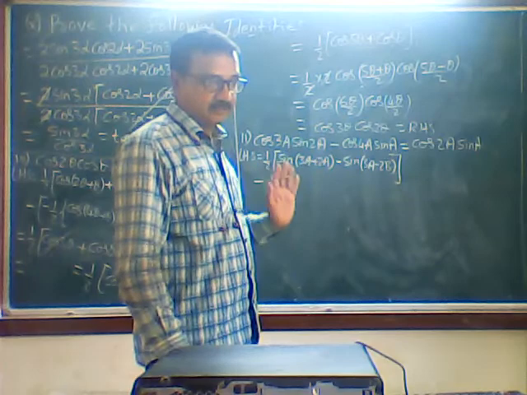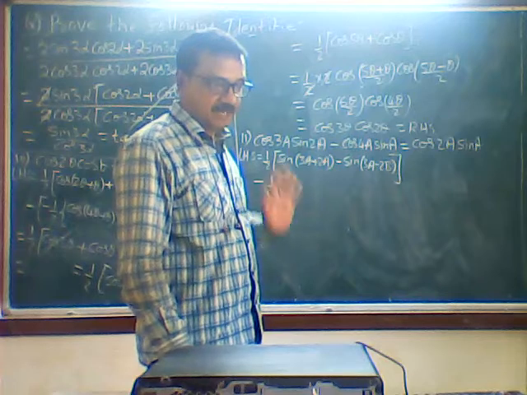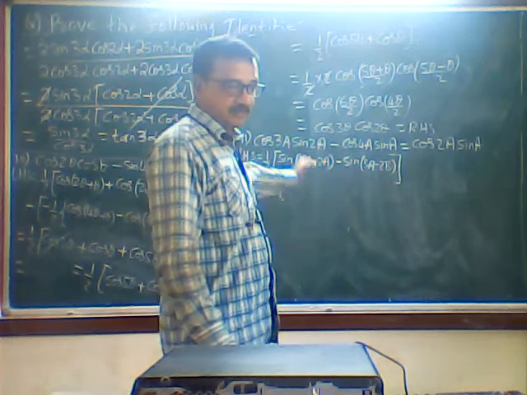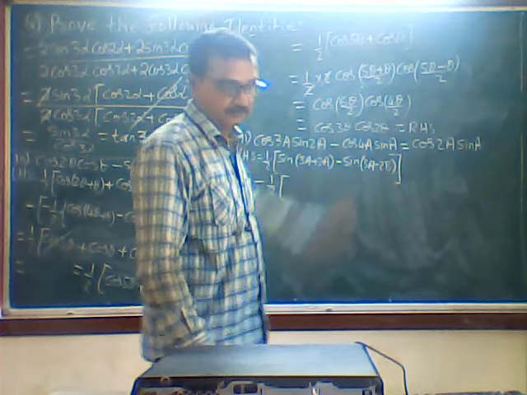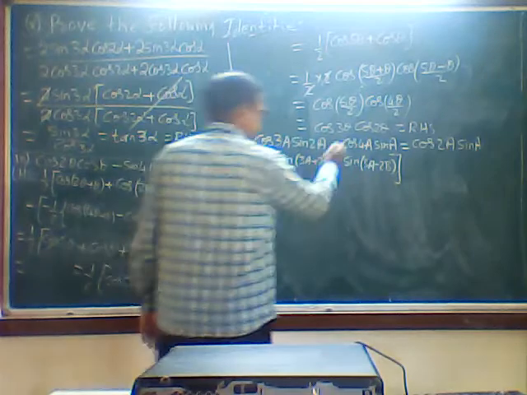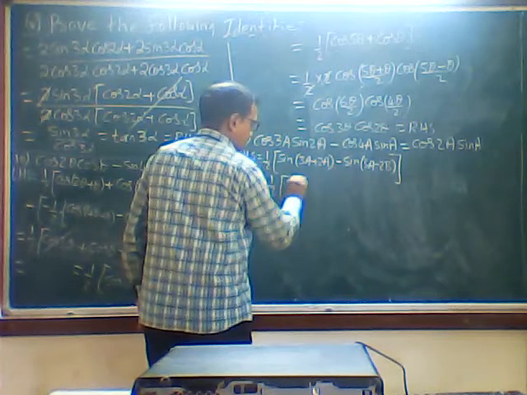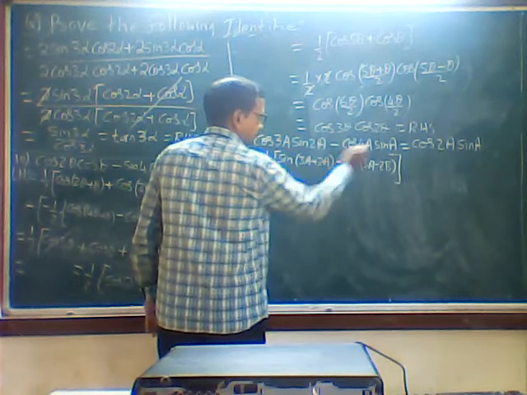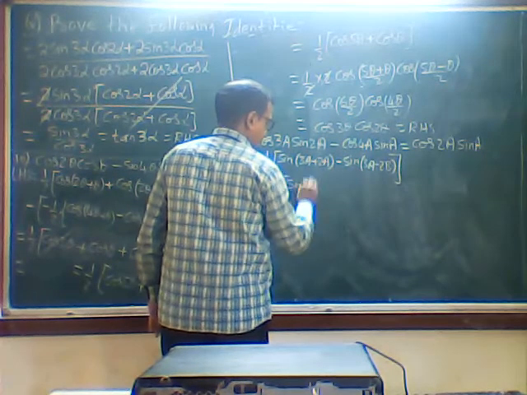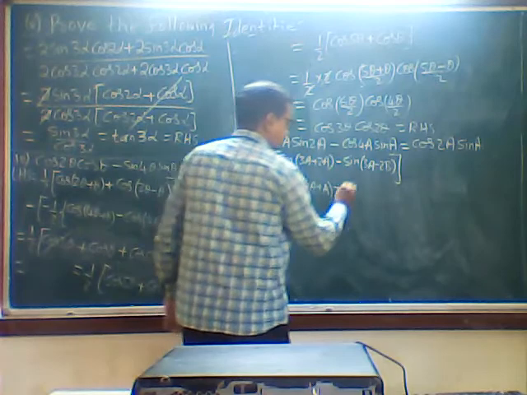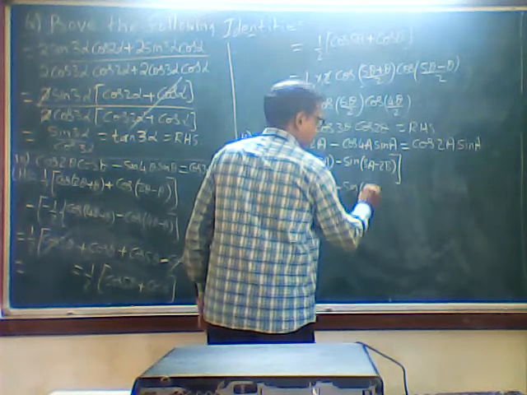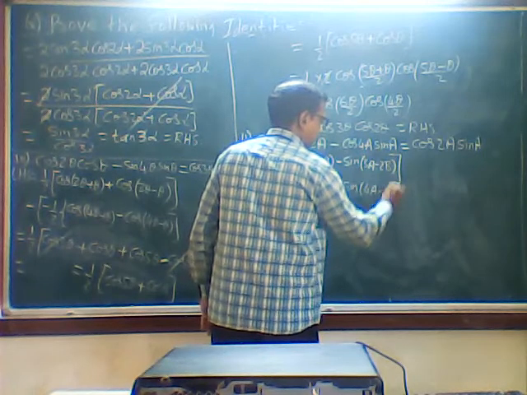So again the cos A sin B formula is half of sin of (A plus B) minus sin of (A minus B). So minus sign is there, minus half of sin (4a plus a) minus sin (4a minus a).